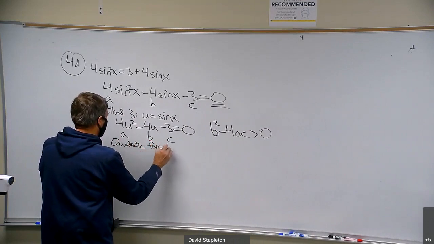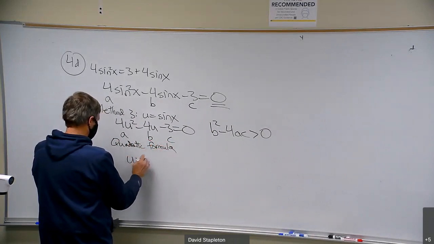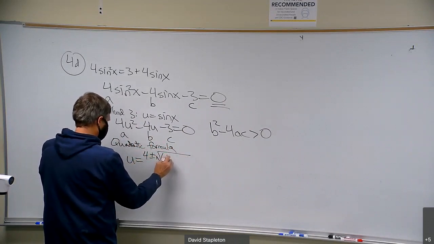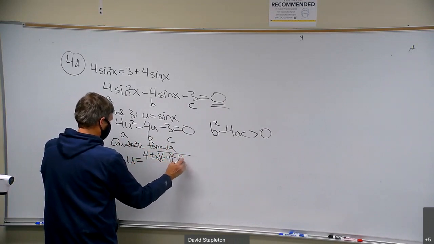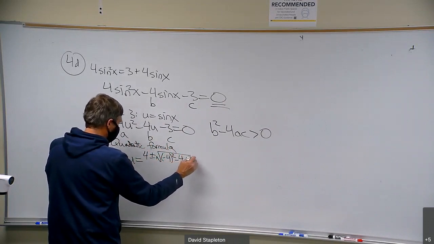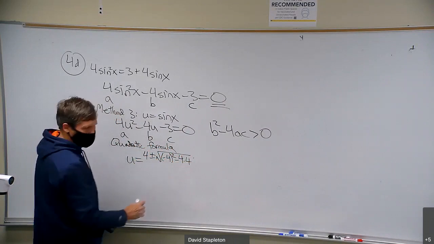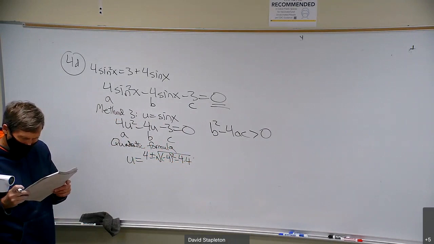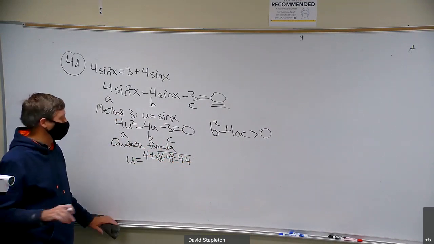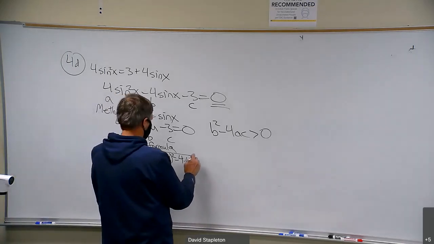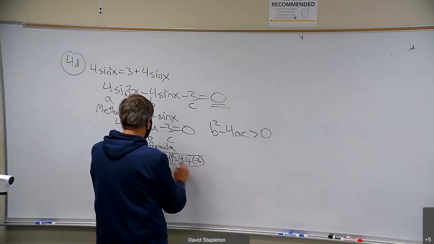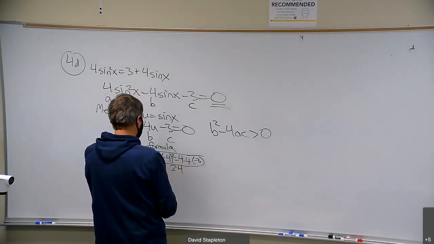If I apply the quadratic formula, u equals minus b, which is 4, plus or minus the square root of b squared minus 4 times a times c, all over 2a. Well, I'll go ahead and finish this. So it looks like that.